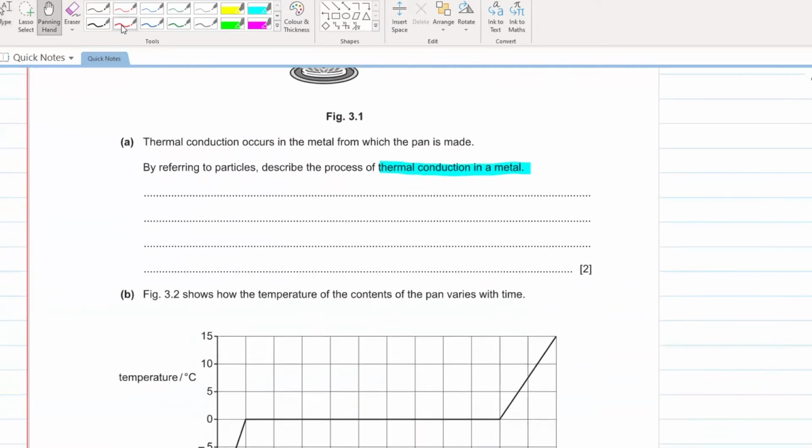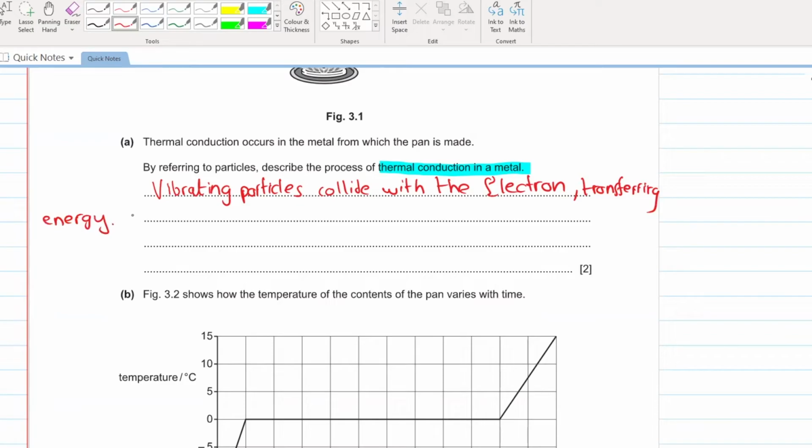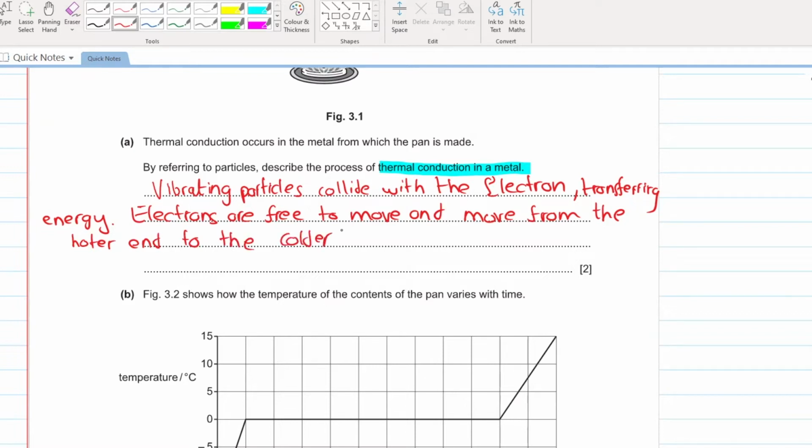What will you say? Vibrating molecules and vibrating particles collide with the electrons, transferring energy. Electrons are free to move, and move from the hotter end to the colder end.